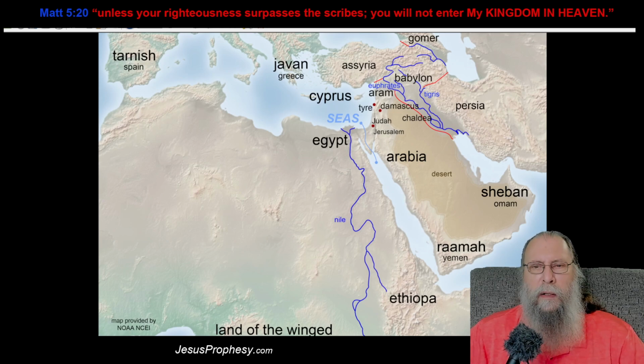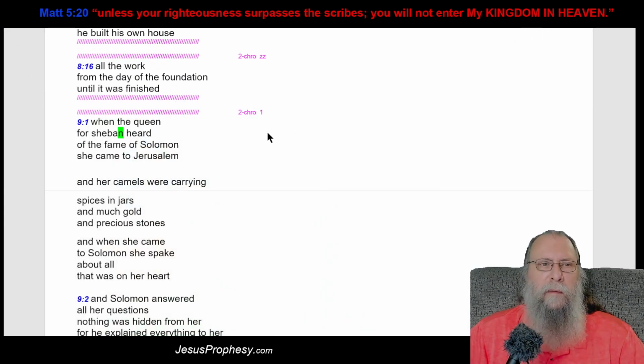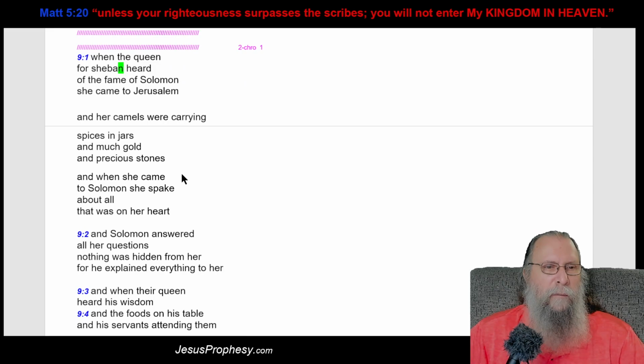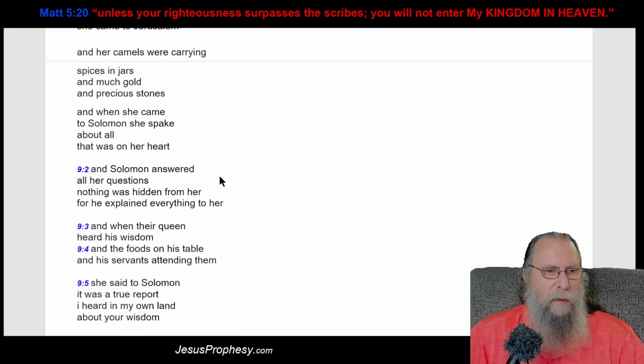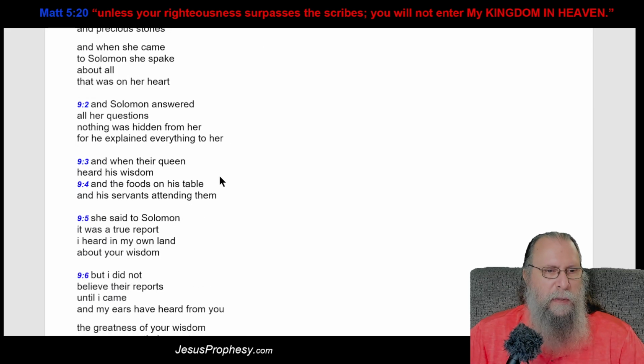These were trading, and the description of what this queen is bringing has to be close to India, because in the verses here, it was listed as spices that they had not seen before.